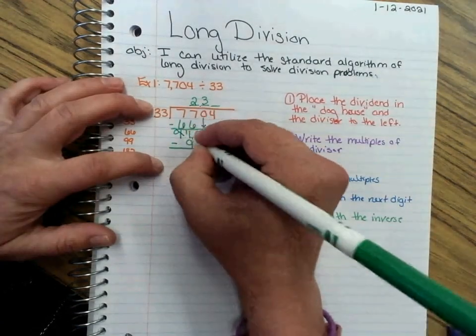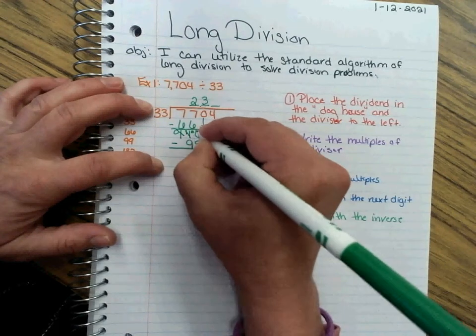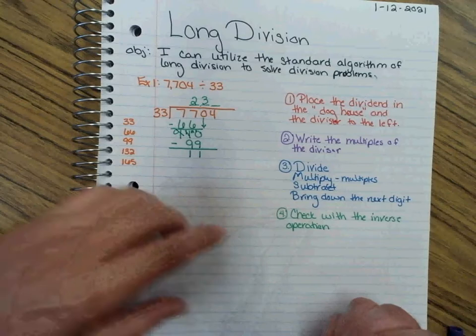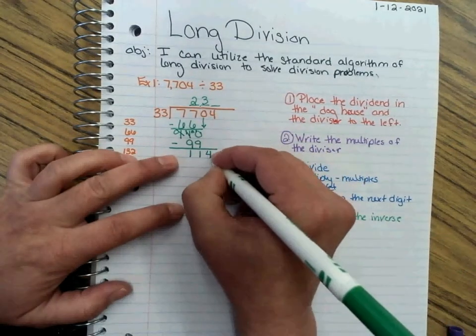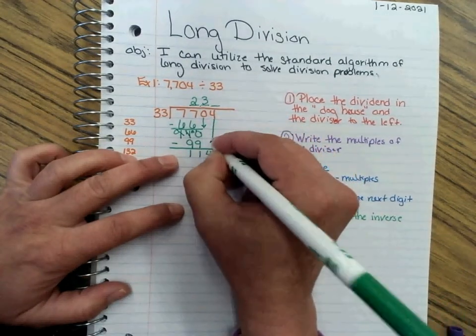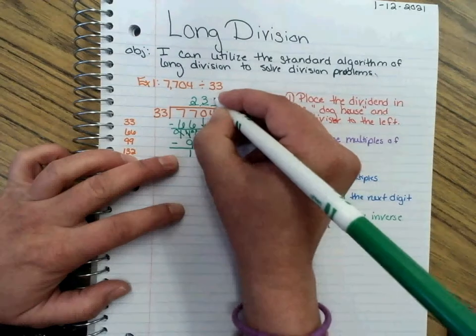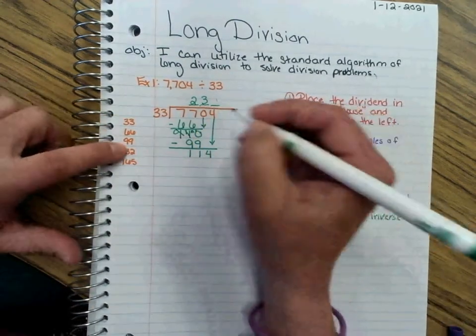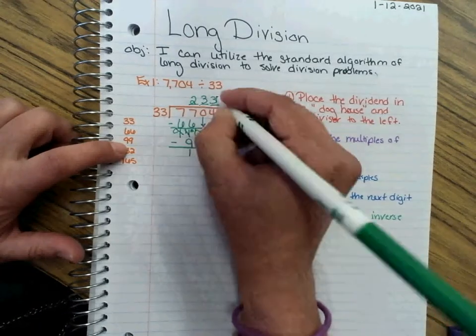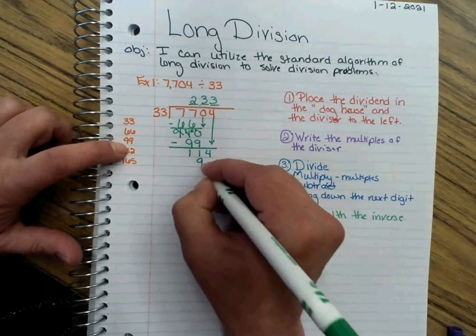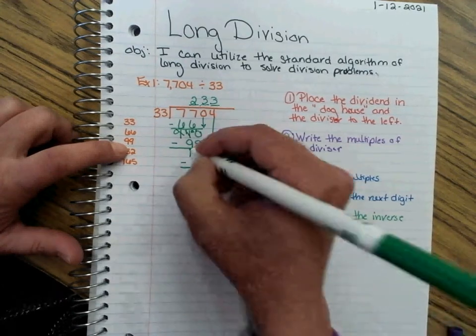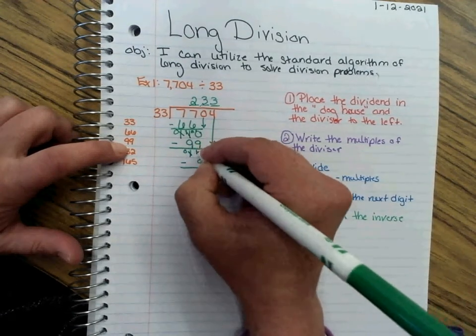Okay, and I subtract. So this becomes a 0, that becomes 11, it's now a 10, that's a 10, 1, 1. I bring down my next digit, which is a 4. I like to draw arrows. Okay, so now I have 114, so my next digit of my quotient is going to go right here. So 114, again, it's a 3. 33 times 3 was 99. I need to subtract.